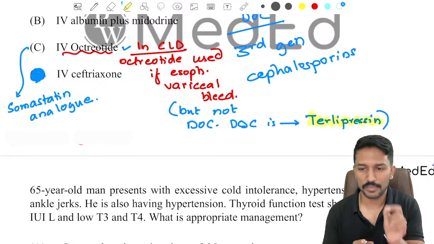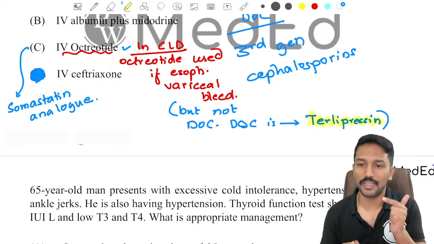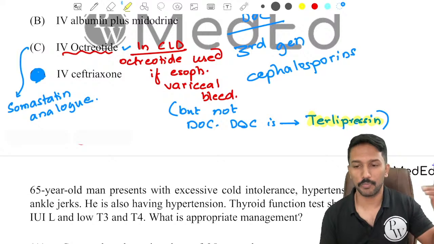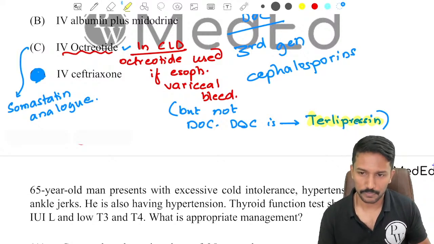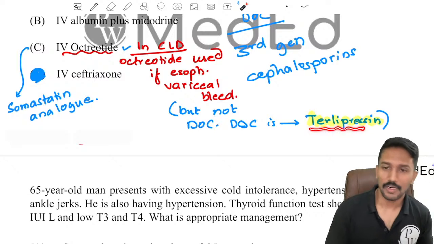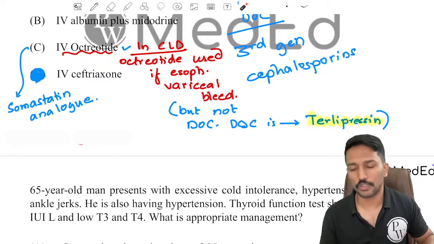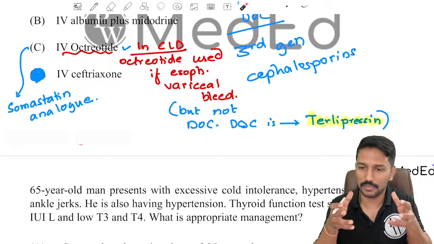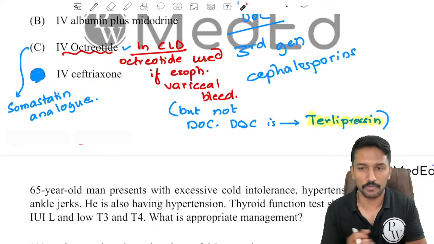Second, it stimulates the anterior pituitary gland to release ACTH. Third, it causes vasoconstriction. That is why when BP is low, we use vasopressin. The advantage of terlipressin is that it selectively causes vasoconstriction in the splanchnic circulation. So the blood vessels of the esophageal varices will get constricted and the bleeding would stop.